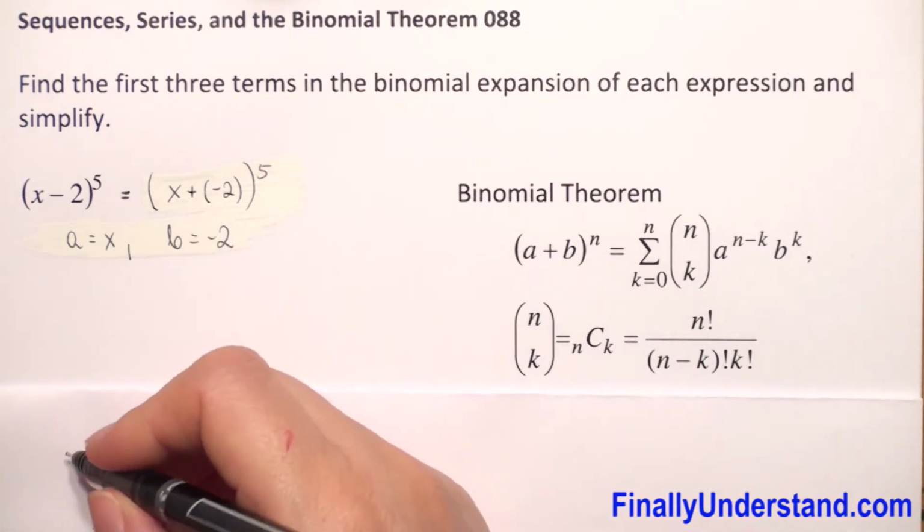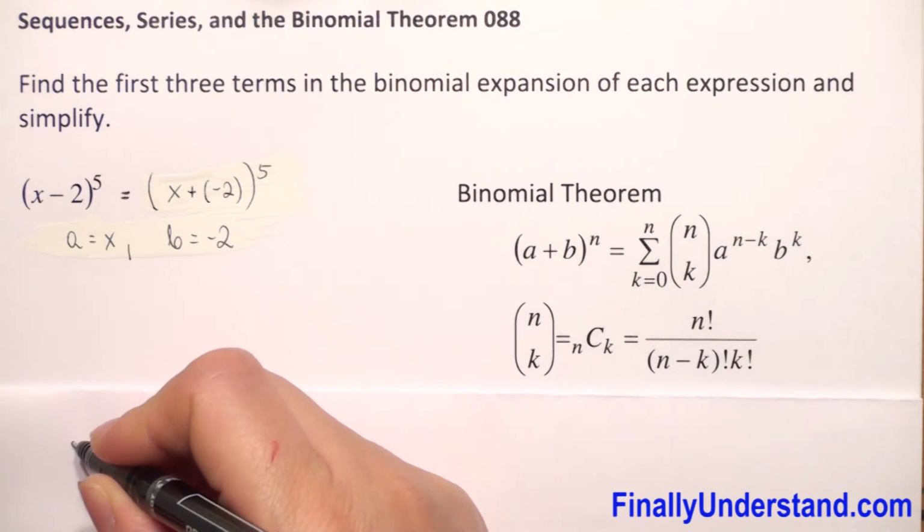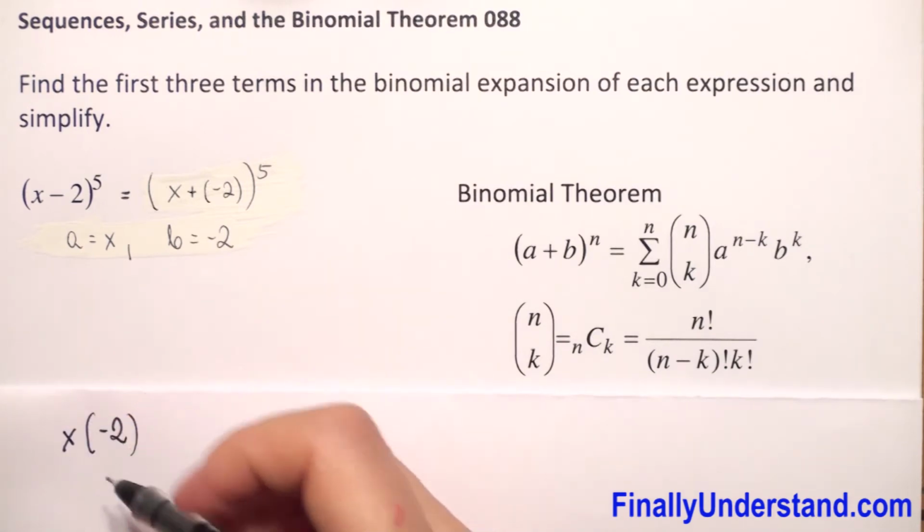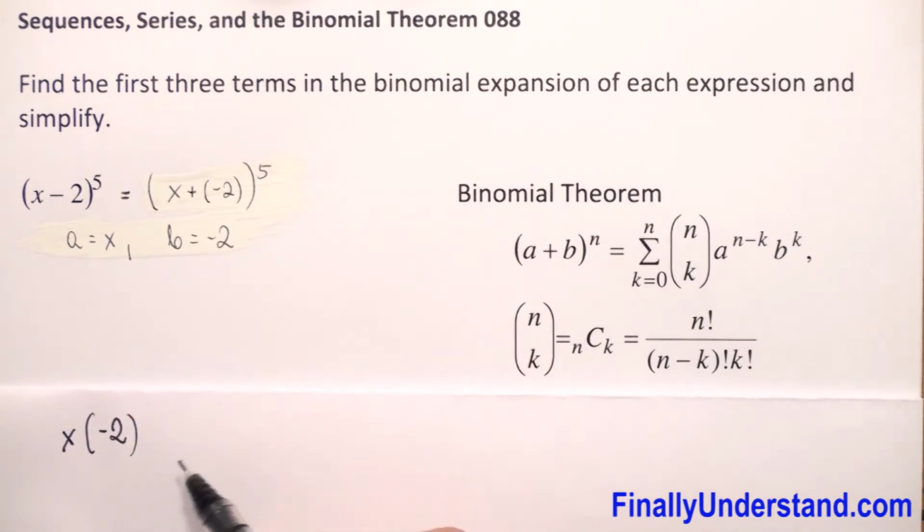So we will have a sum of products a times b, so it will be x times negative 2. First we will write 6 terms, x times negative 2.